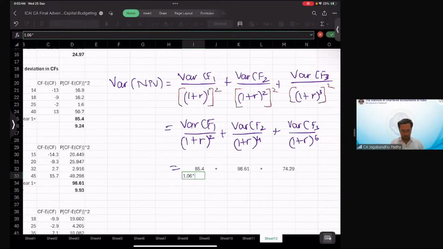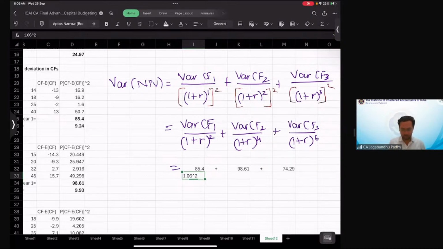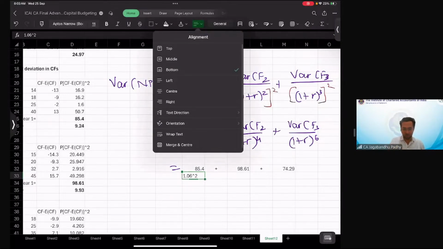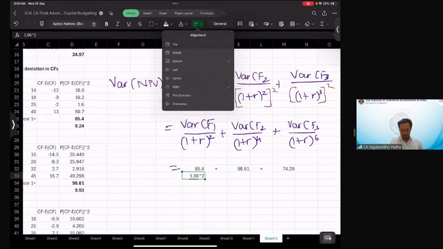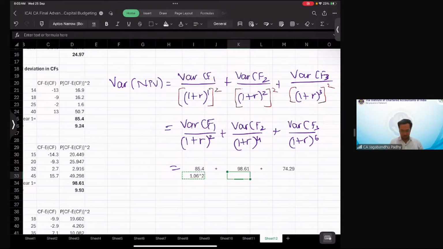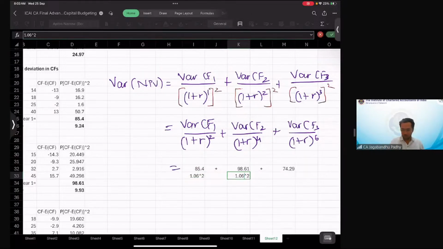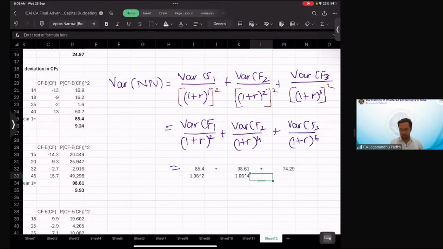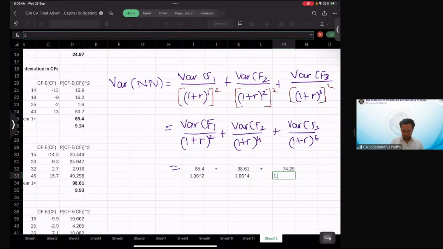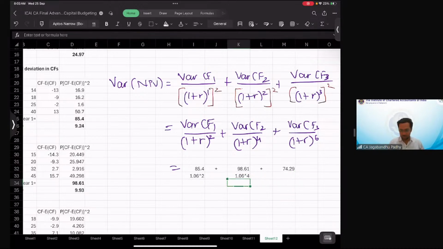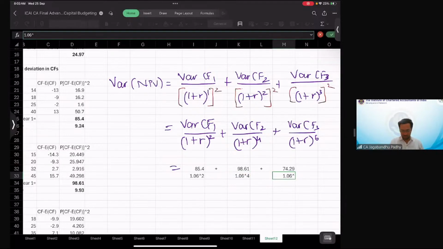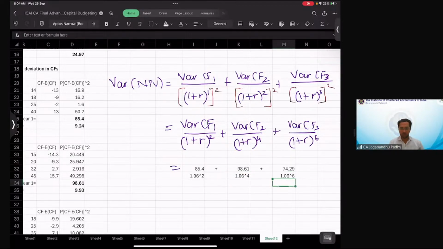This will be to the power of 2, then the next number 1.06 to the power of 4, and here 1.06 to the power of 6. This is something new that we are learning, right?